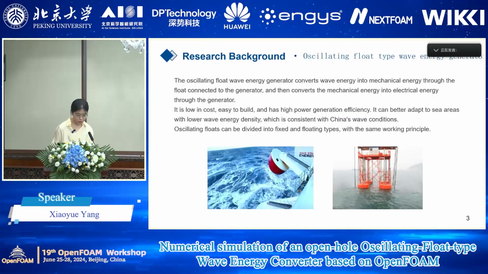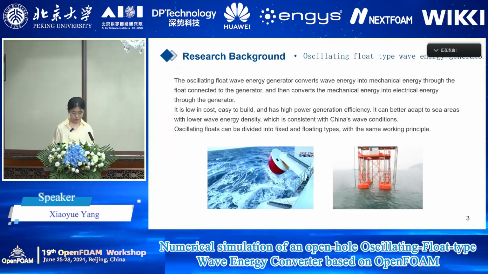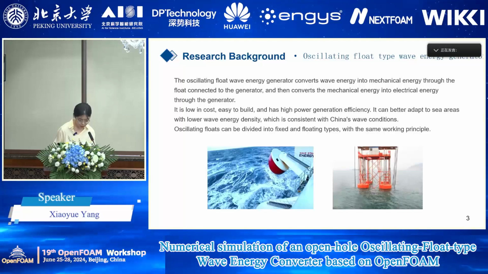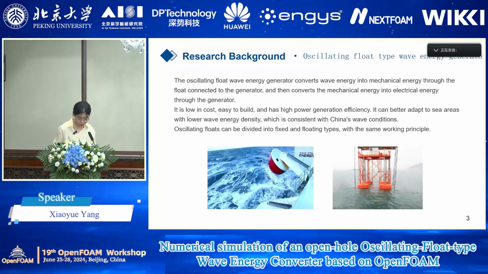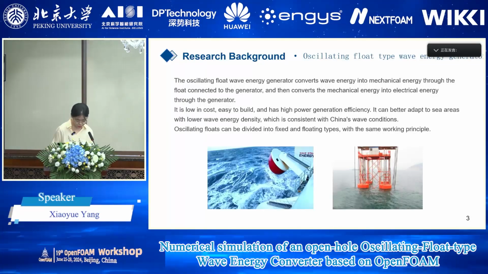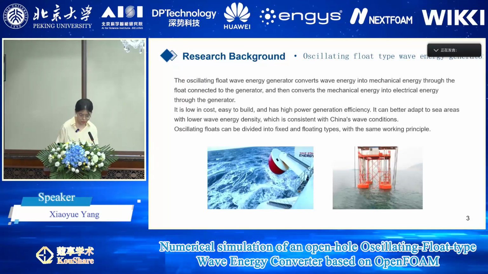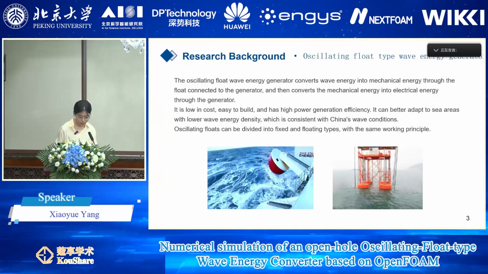First, let me introduce the oscillating flow type energy generator. It converts wave energy into mechanical energy through the float connected to the generator, and then converts the mechanical energy into electrical energy through the generator.